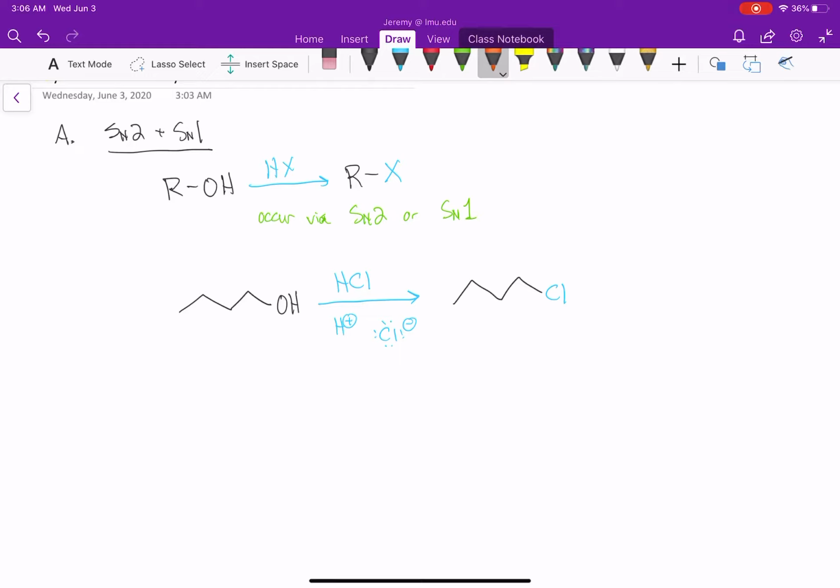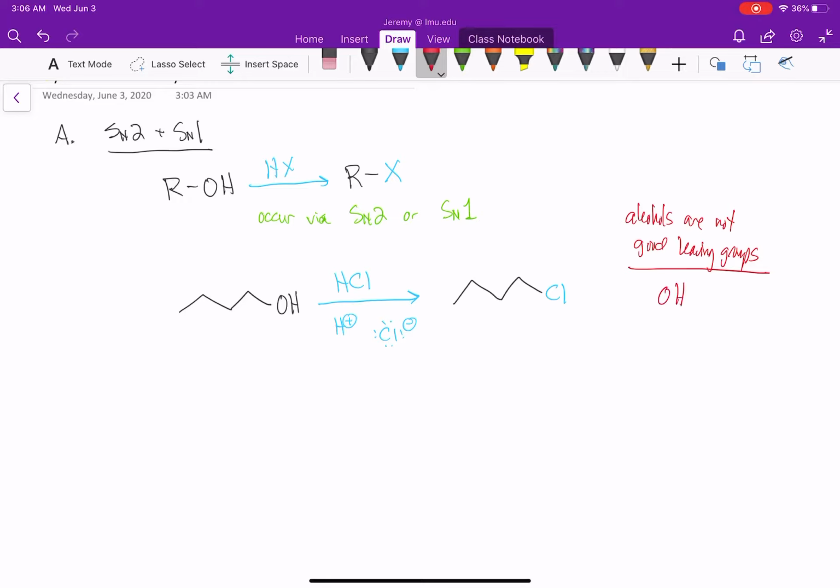The problem is that alcohols are not good leaving groups. This is a little counterintuitive because we're working with the hydroxide anion all the time.